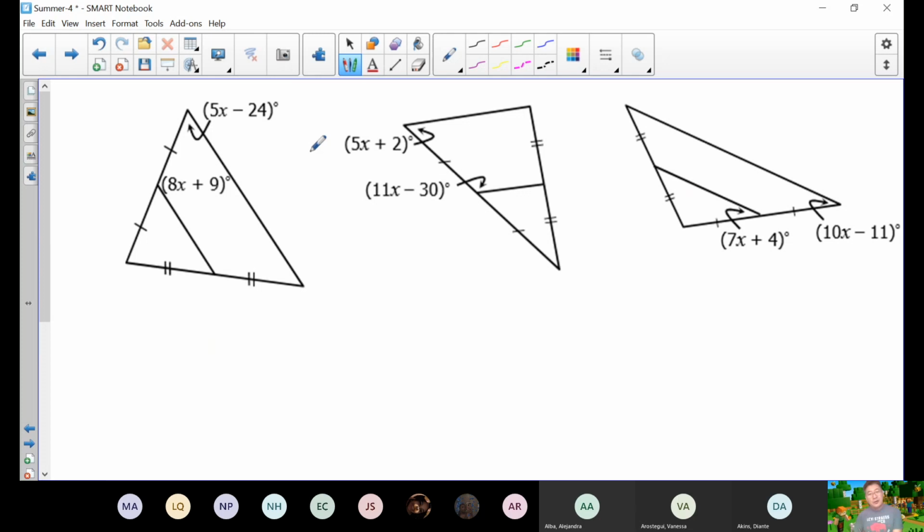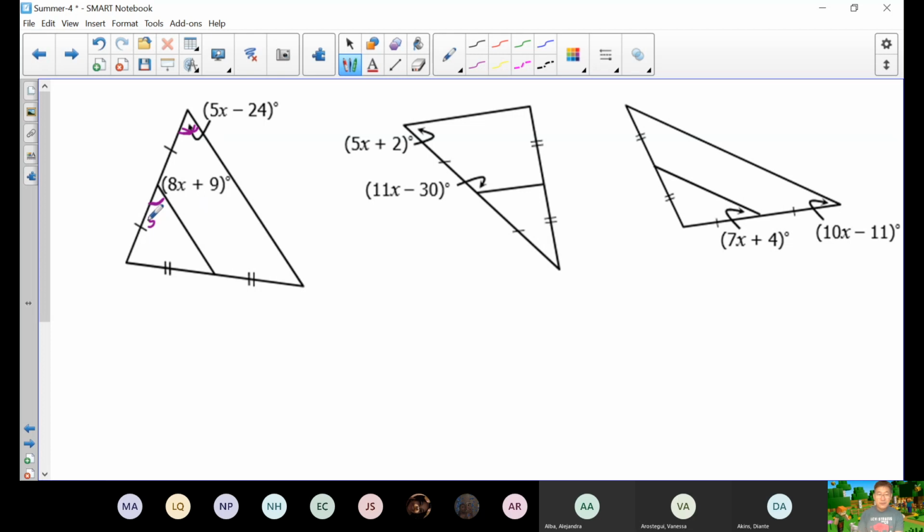So now this one, think about it. This angle, same with this one, right?